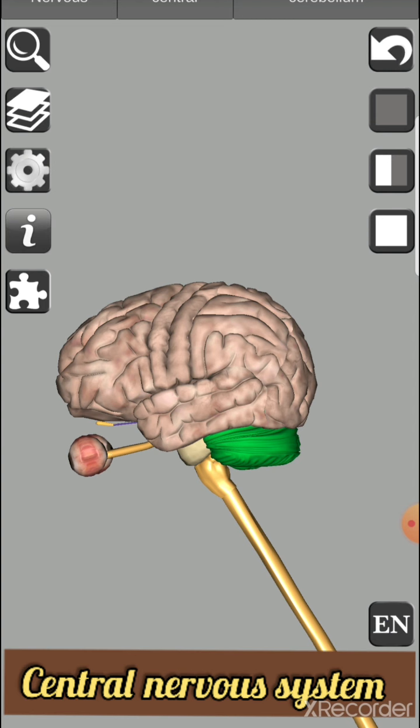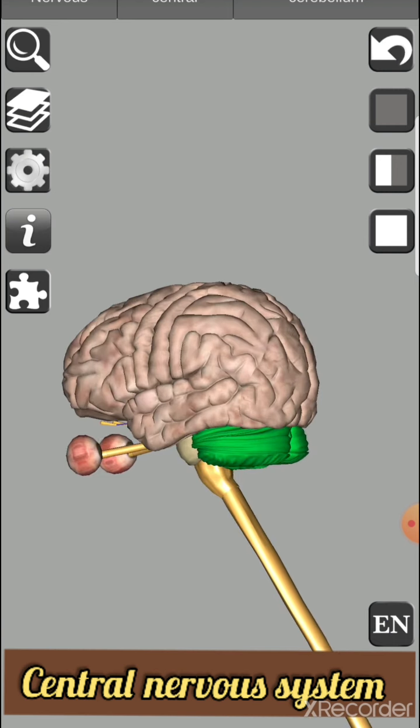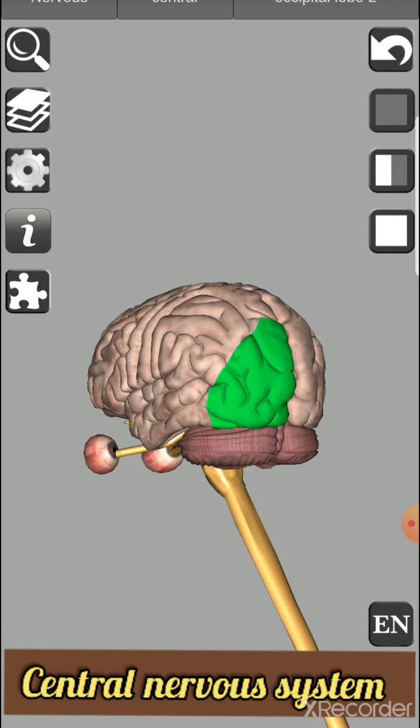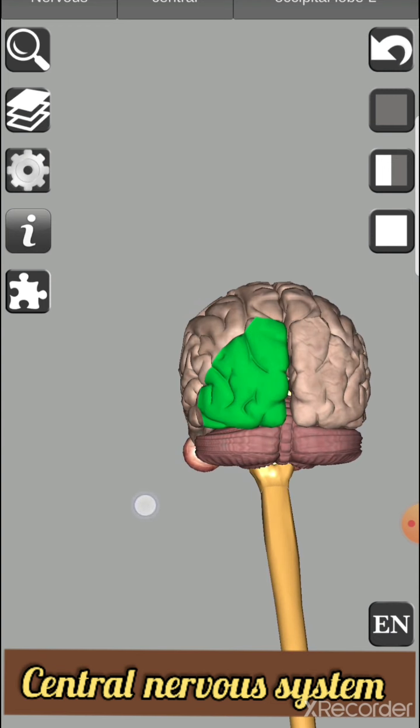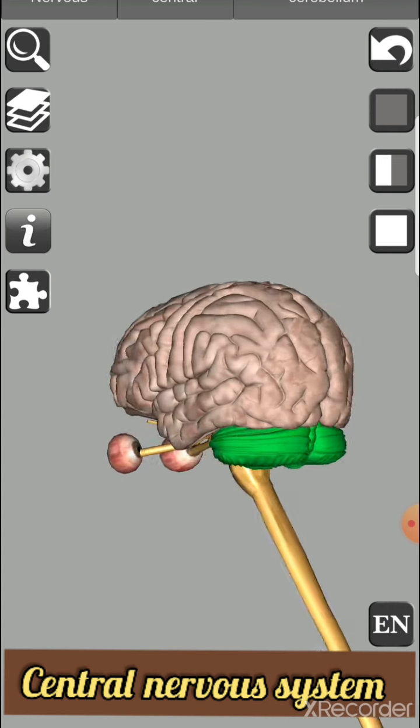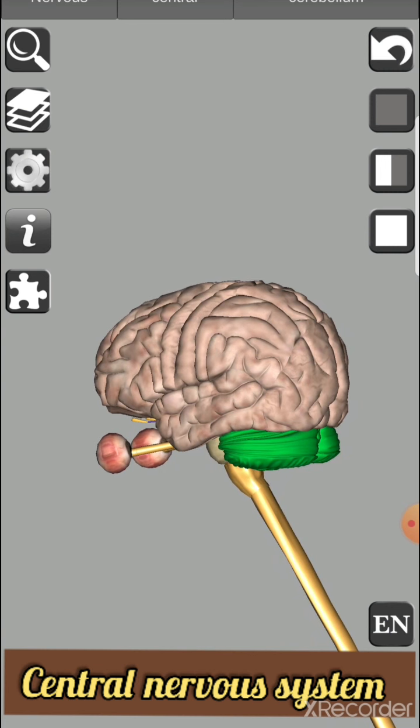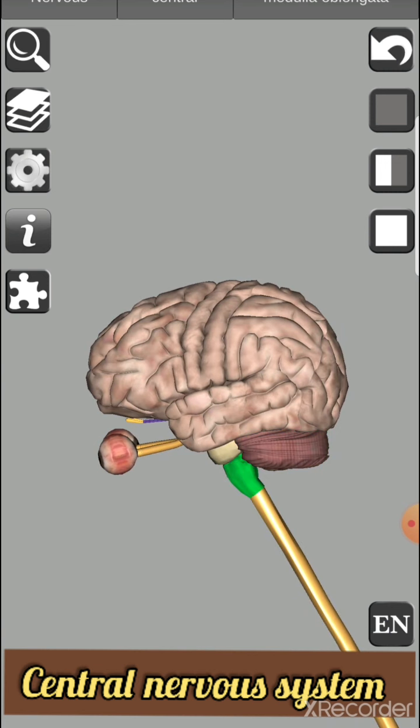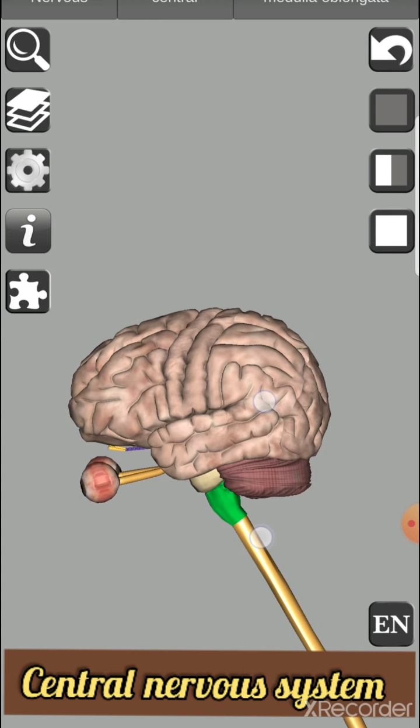That is known as the cerebellum. So the upper and largest part, divided into two hemispheres, is the cerebrum, and the lower part is the cerebellum. Below the cerebellum, you can see a ponytail-like structure. That ponytail-like structure is known as the medulla oblongata.